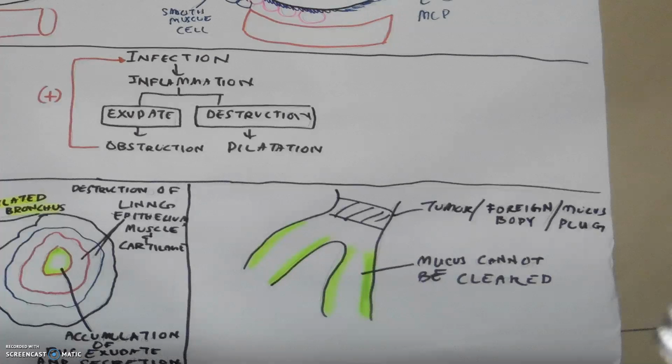So when the cilia are not beating properly, there is an inefficient mucociliary system. This condition is also known as primary ciliary dyskinesia, and this means the mucus cannot go up, so it will eventually lead to obstruction and repeated infection, inflammation, as well as destruction, eventually leading to bronchiectasis.